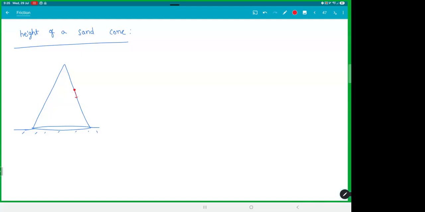There is mg sine theta, which is dragging you down. This was theta. And there is your friction F, same story again, F max. So this is the FBD of a sand particle.